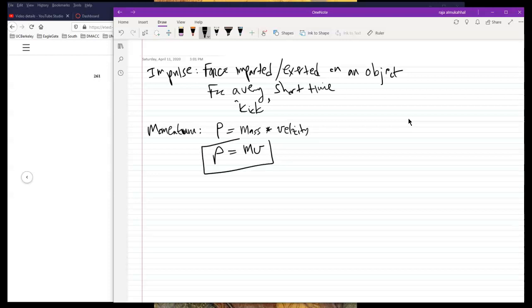The best way to think about it, momentum is like the collisional power of an object. This is not the formal definition of it, but that's how you should picture it. The collisional, if this is a word, the collisional power of an object.